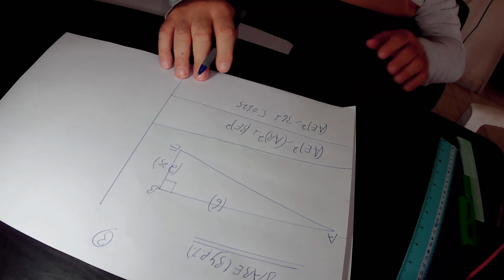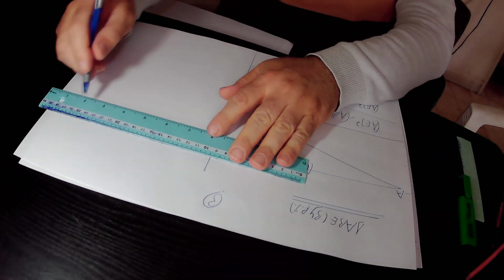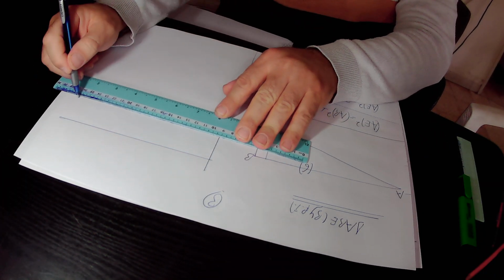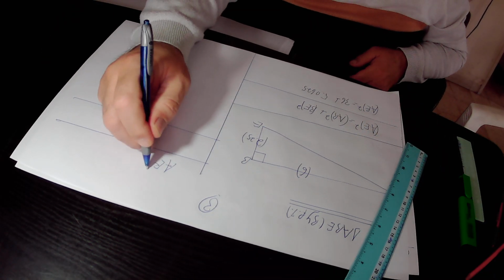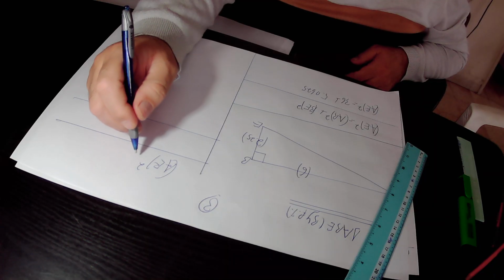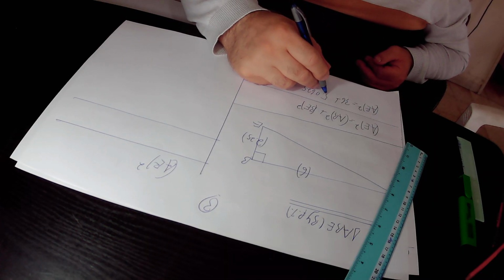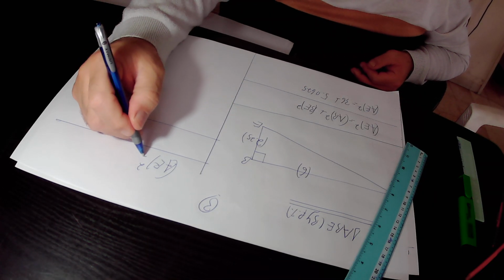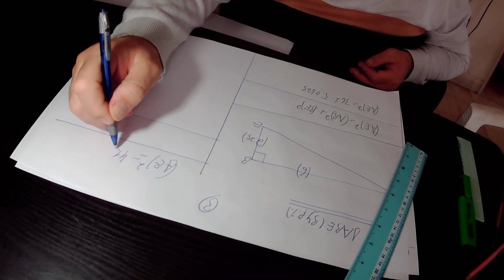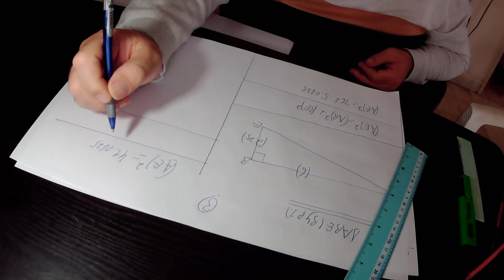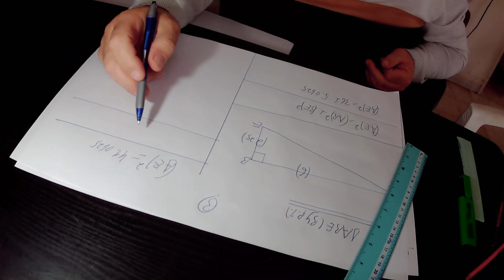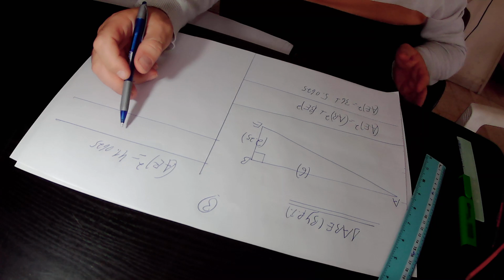So in total we found that AE squared equals 36 plus 5.0625, which equals 41.0625. In conclusion, AE squared equals 41.0625.